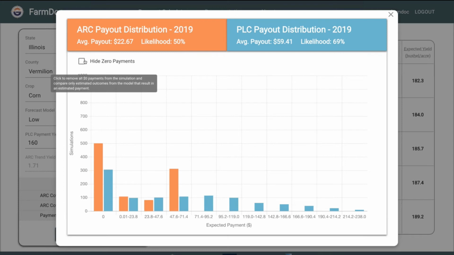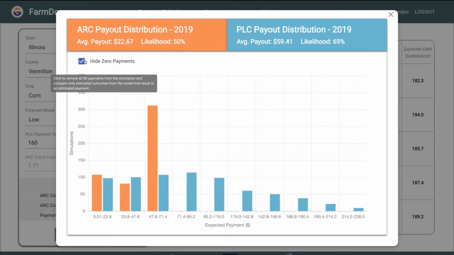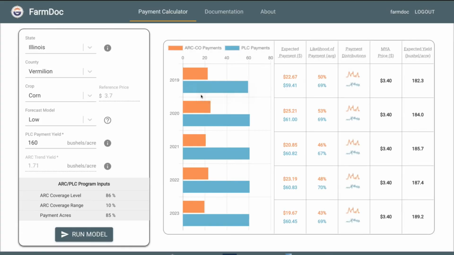So that's where that forecast scenario works, and that is, again, a lower price scenario. This is to the point Gary made earlier, right? It's hard to beat PLC right now in 2019 and 2020, given where prices have been and how the Ark County guarantee has adjusted. What we'll really be watching for is what happens the next couple of years and these out years in 2021, 2022.